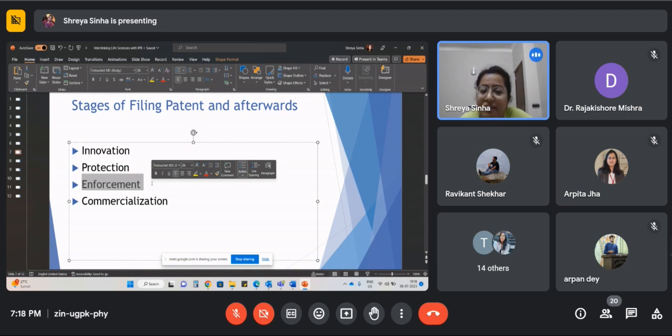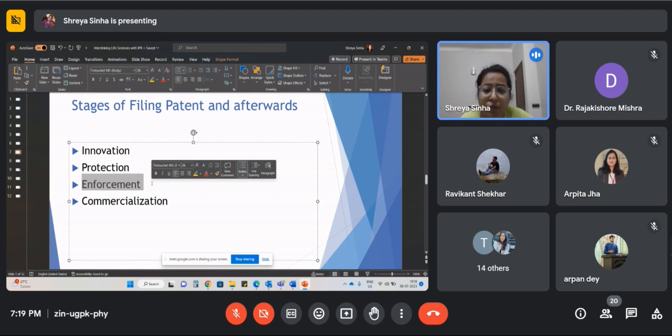But if you're not filing the patent, this is your idea and you're just selling it to someone else, because it happens in India, I've heard 1 or 2 cases that we students, when we work, we come up with something, you think that this is very small, we don't know what the use of it is, and if any company approaches you, okay, this is something new, give it to me and I'll pay you this amount, and obviously we being naive, we go ahead with it, but we should never do that. However minor or small the invention is, you should file a patent.